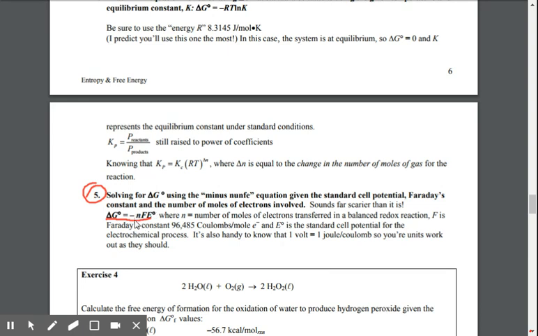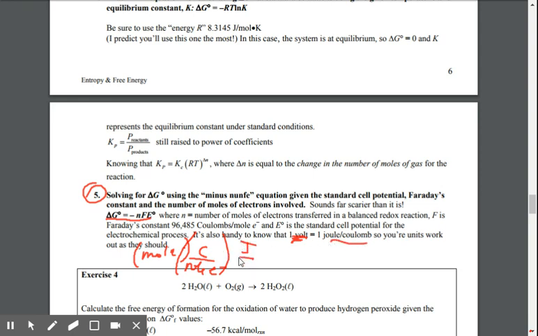The reason why: n is moles of electrons. F, Faraday's constant, is coulombs per mole of electron. And E cell is measured in volts. Well, a volt is the same thing as a joule per coulomb.